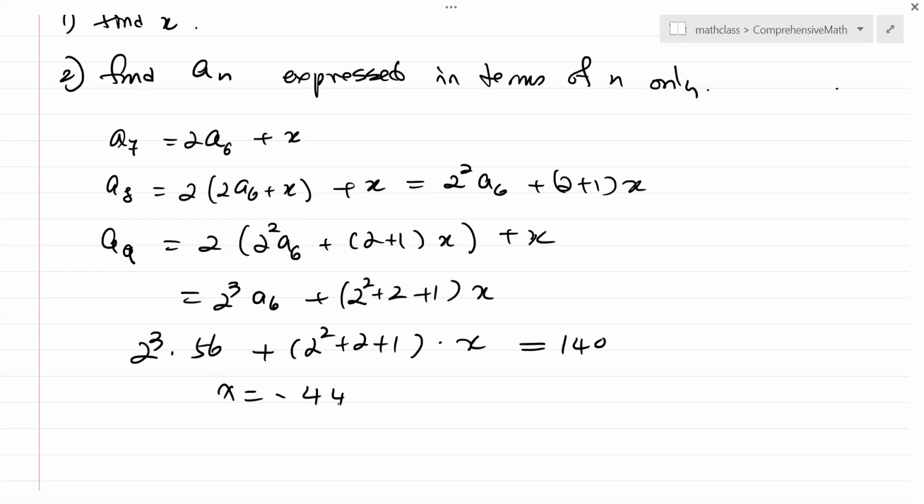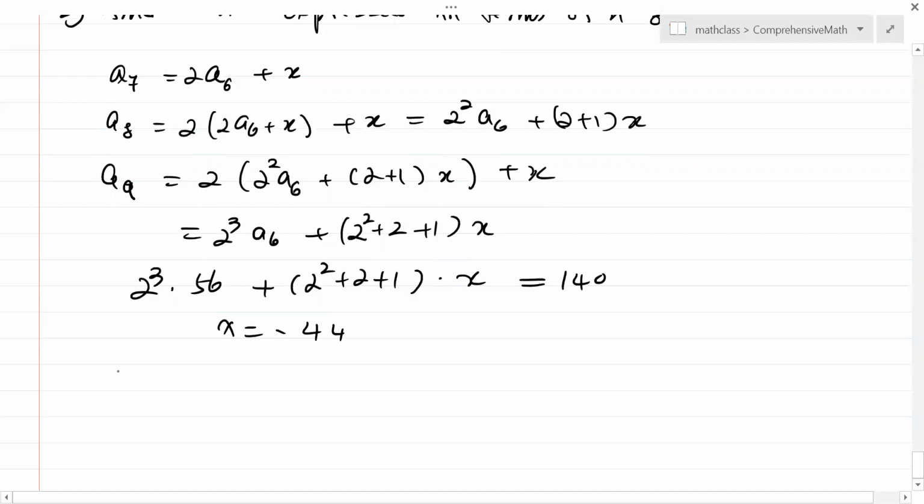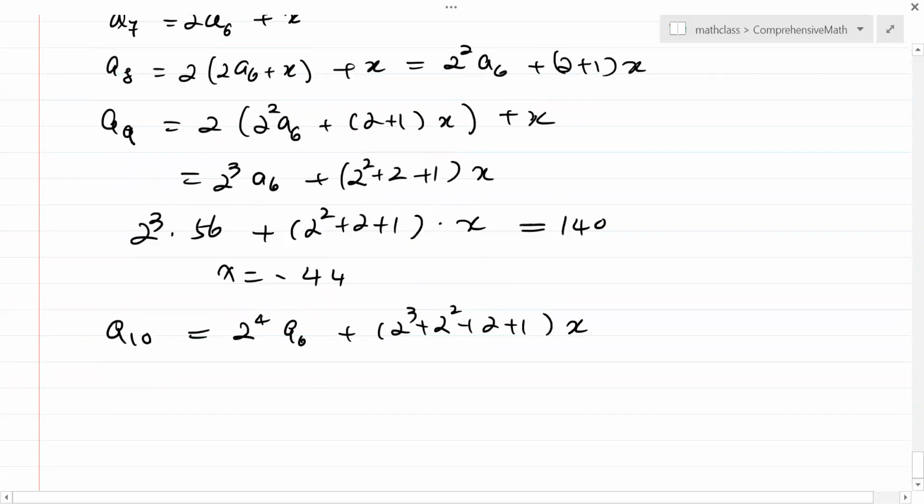From here, you can see the pattern already. I keep the x, I'm not going to replace it by a specific number. So A10 is going to be twice, or 2 to the 4th, A6, and 2 cubed plus 2 squared plus 2 plus 1 times x. Just keep it going. The difference is 6.